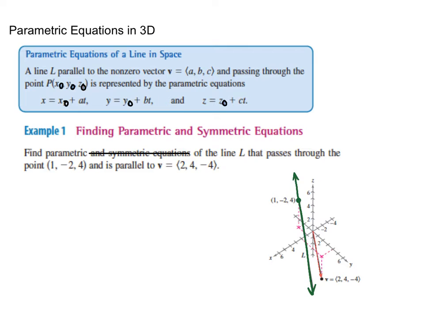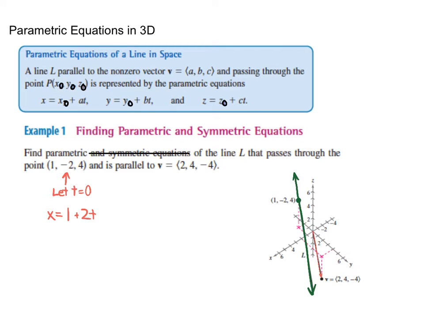So, if I'm given a point, remember we said time was kind of arbitrary. It doesn't matter when we start the clock. So what I'm going to do is I'm going to let t equal 0 for this point that I'm going through. And what that's going to mean is that x is going to be 1 plus 2 times t.